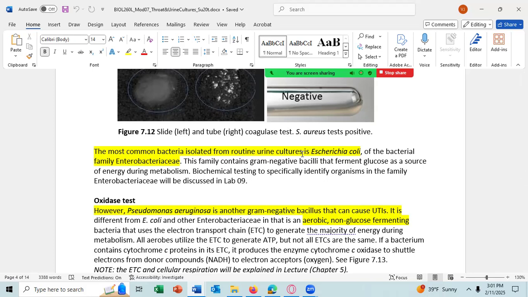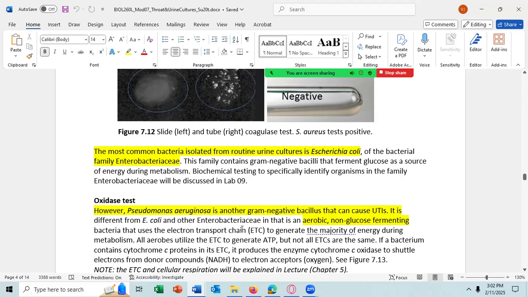And I think I mentioned that's why we tend to grow urinary tract infections on EMB or McConkey's because you can get the family Enterobacteriaceae to grow on those media. However, another isolate that can cause a urinary tract infection is Pseudomonas aeruginosa, which is another gram-negative bacillus causing UTIs.